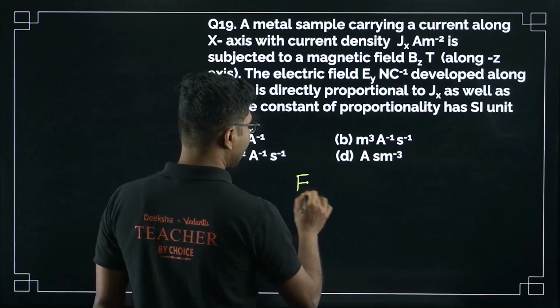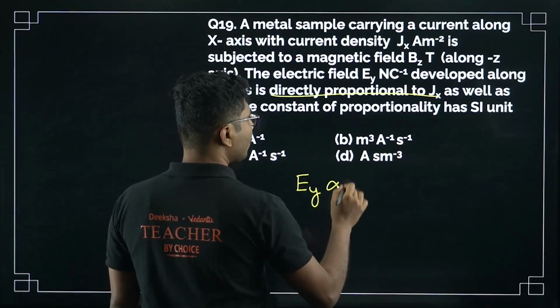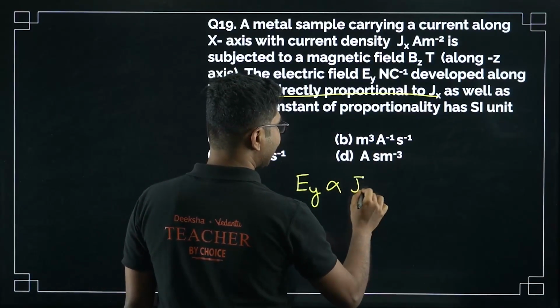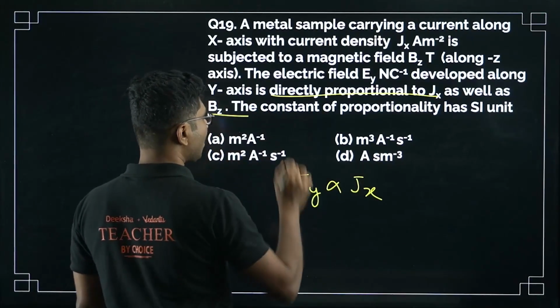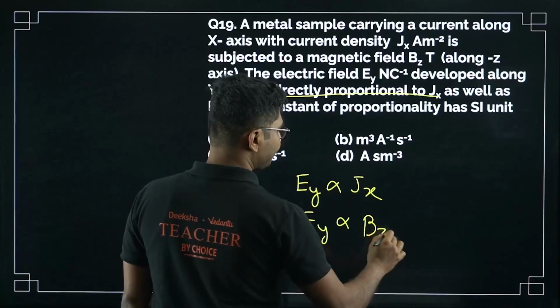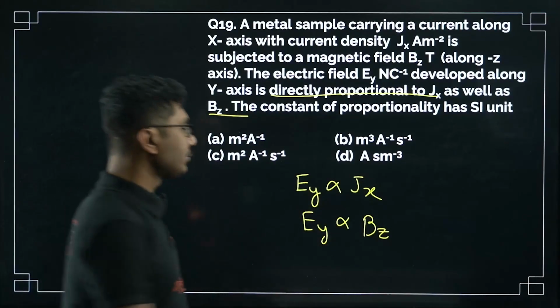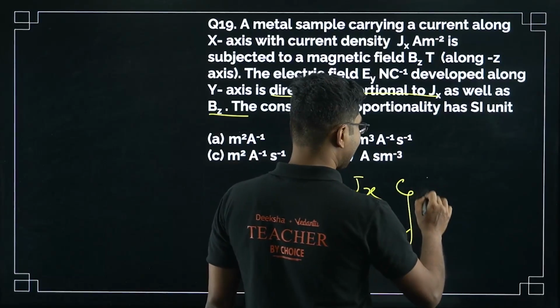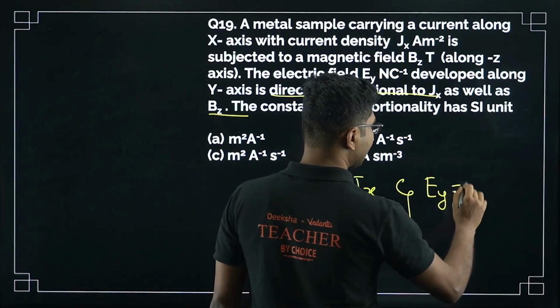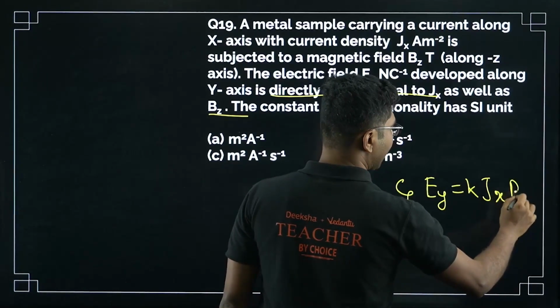First, Ey, the electric field, is directly proportional to the current density Jx. Also, it is directly proportional to the magnetic field Bz. So A is proportional to B, A is proportional to C. So you can write this as Ey is equal to constant into Jx Bz.